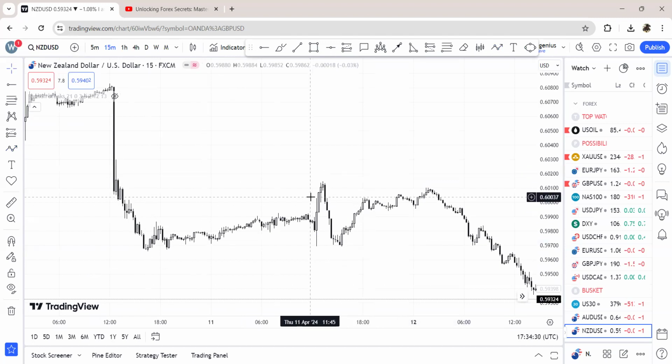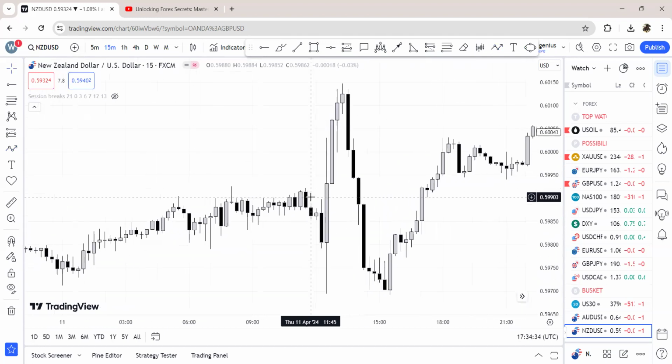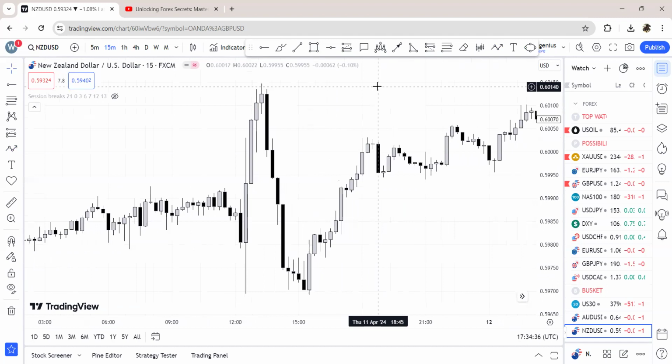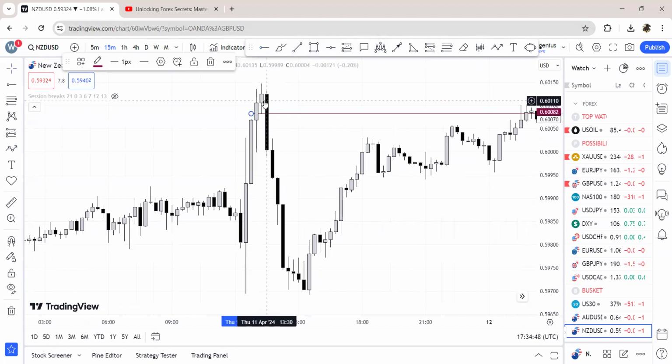Another example would be, so fair value gaps can be found everywhere. Then I'll explain how you can actually make use of these fair value gaps. You can see here, I'm looking at the wick for this smaller candle here.